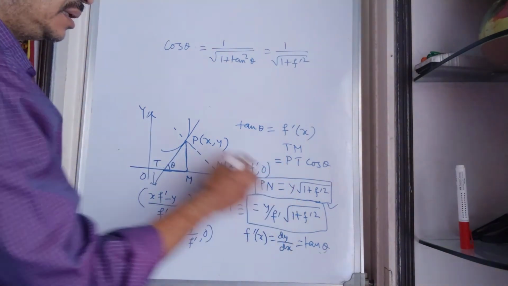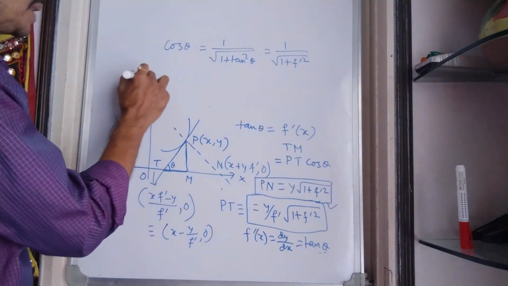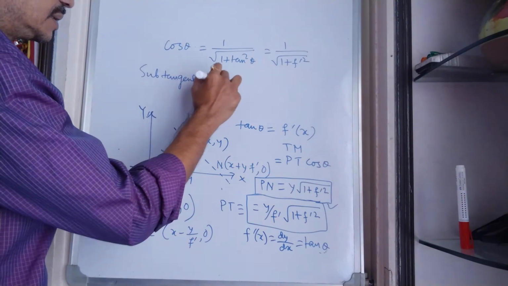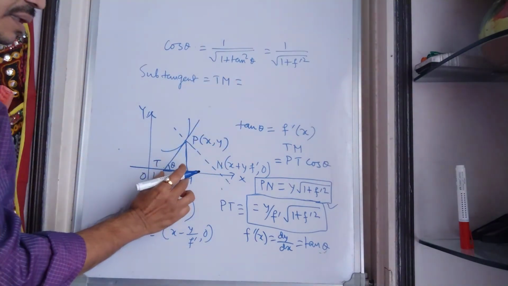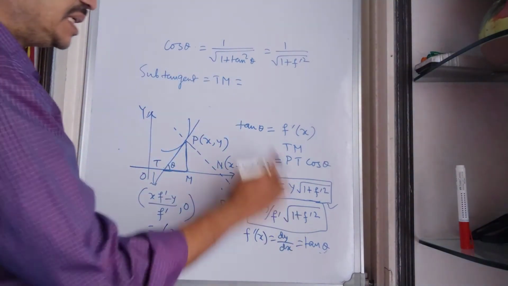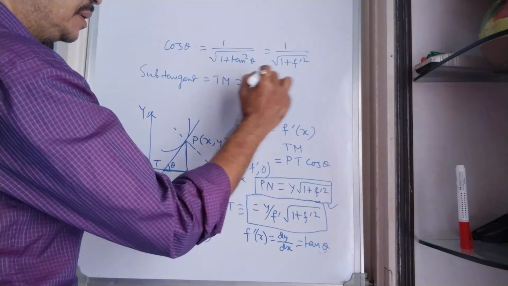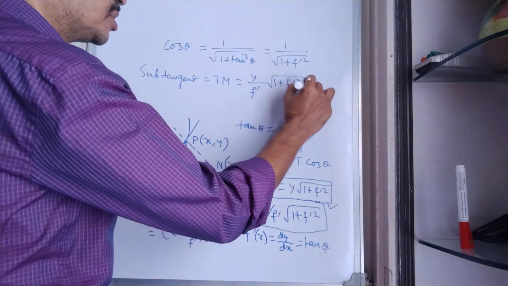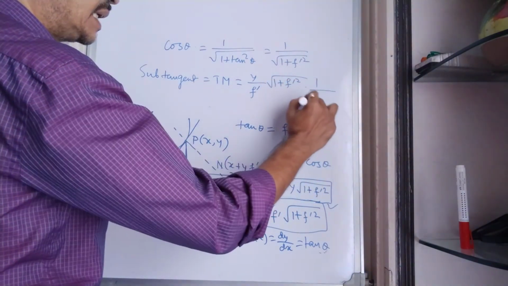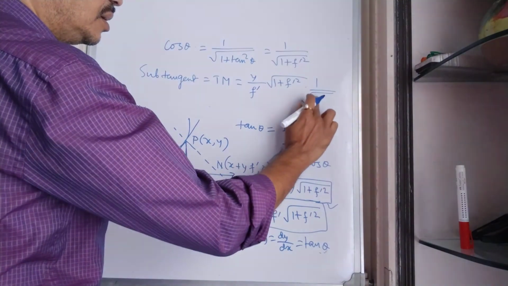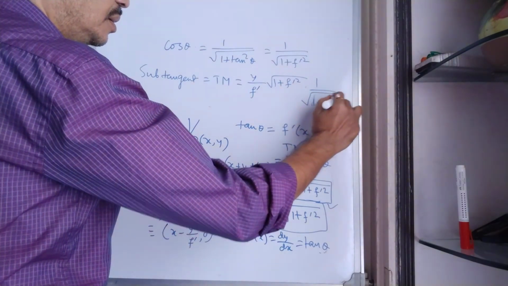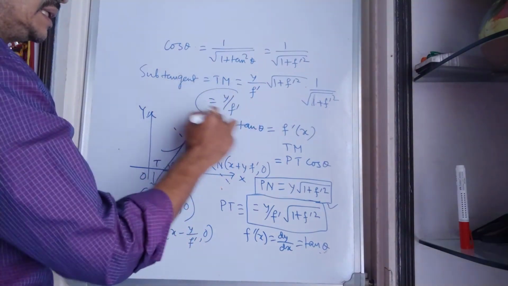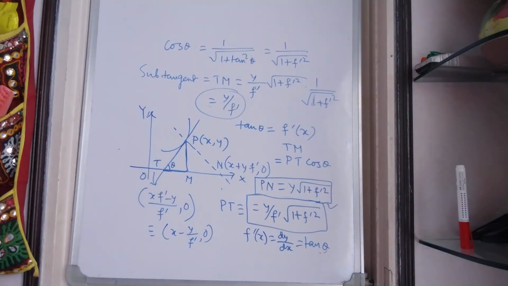So what will be the subtangent TM? The subtangent TM is nothing but Pt cos theta. What is Pt? Pt is y by f prime into root over 1 plus f prime square into cos theta, so this is simply y by f prime.